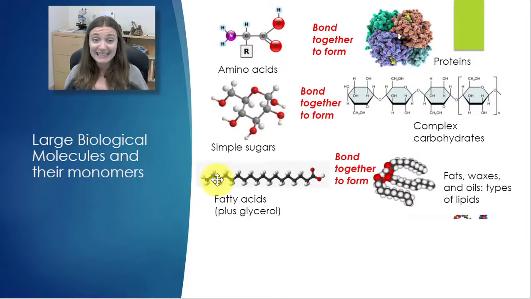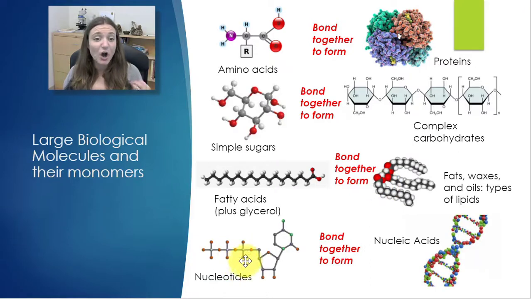For fats and lipids, we take fatty acids and bond them together to create fats and lipids, so the monomers would be fatty acids. We bond them together to create fats, waxes, lipids, oils, things like that. For DNA and RNA, the nucleic acids, the building blocks are what we call nucleotides. We take these nucleotides and bond them together to get DNA and RNA.